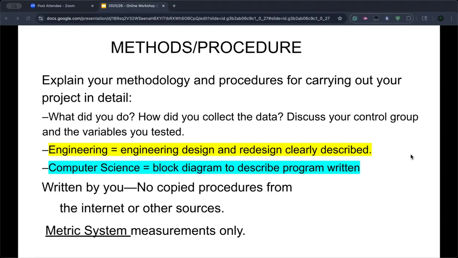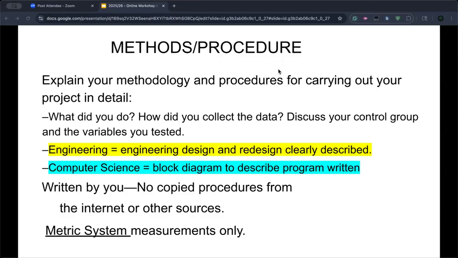Okay, so methods and procedure, it's pretty much the same thing, but methods and procedures are how you actually carry out your experiment. It explains what you did, how you collected your data, and you can also use this slide to discuss your control group and the different variables that you tested.